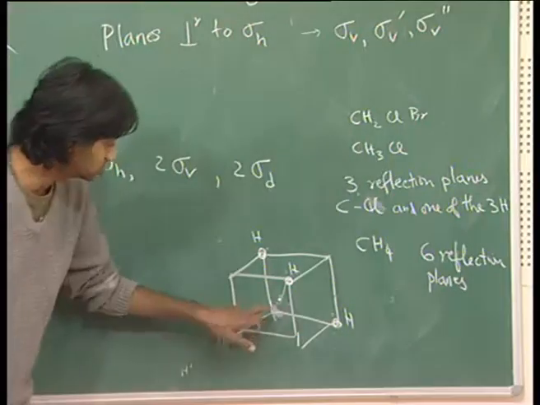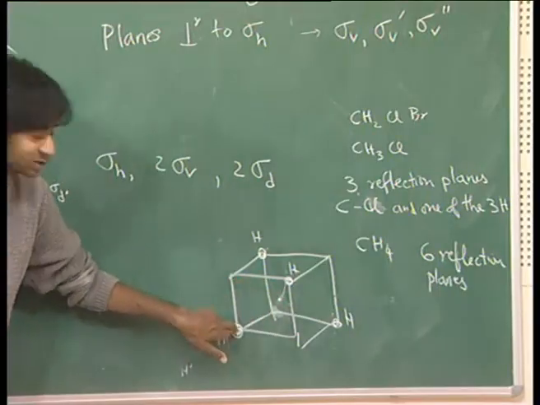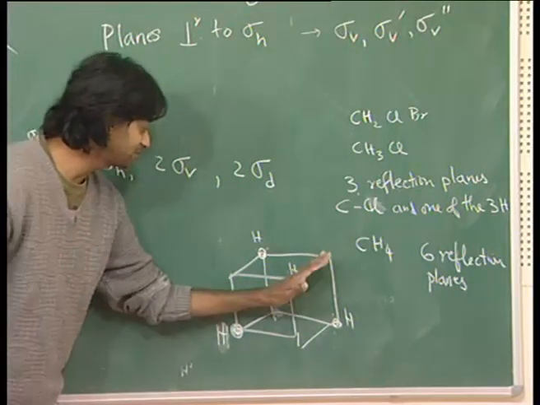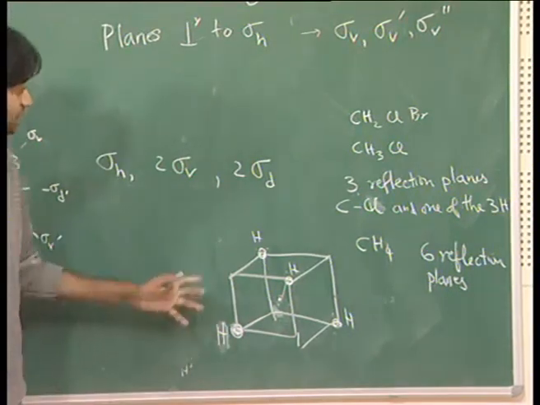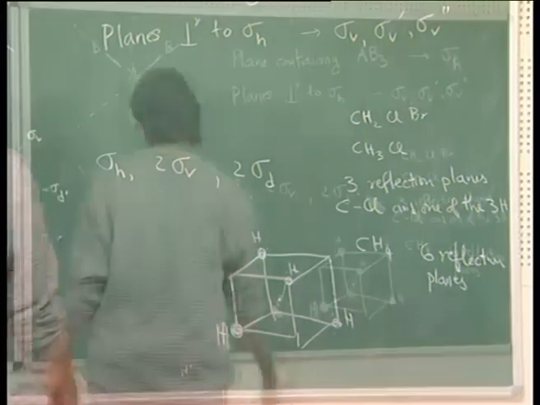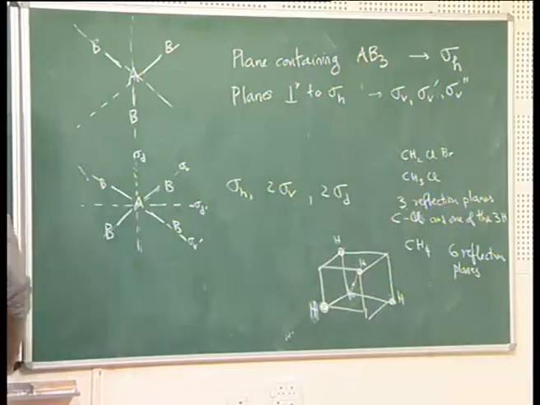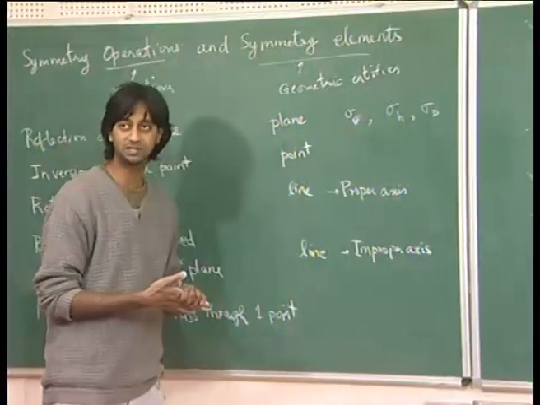That means you take a carbon and select any 2 hydrogens, and the plane containing those 3 atoms will be a plane of reflection. So CH4 has 6 reflection planes. That's how much I want to talk about reflections. When we actually do examples, it will become more clear.